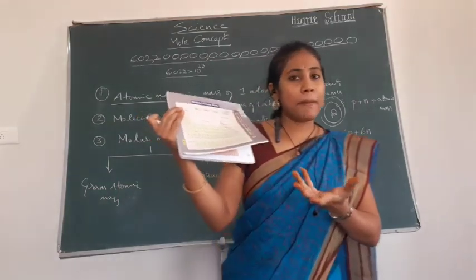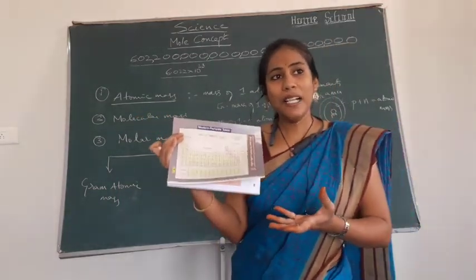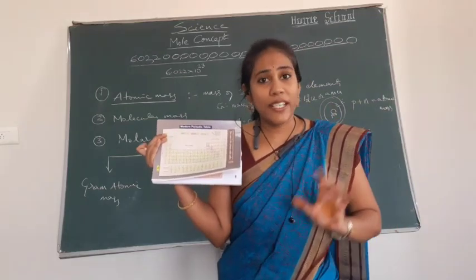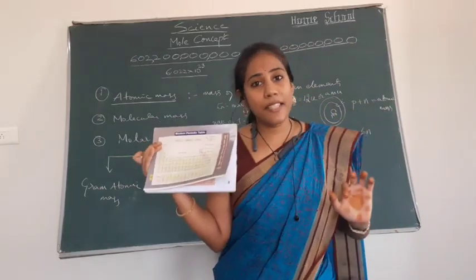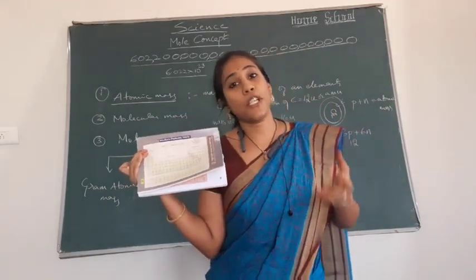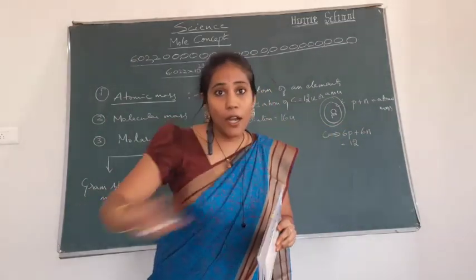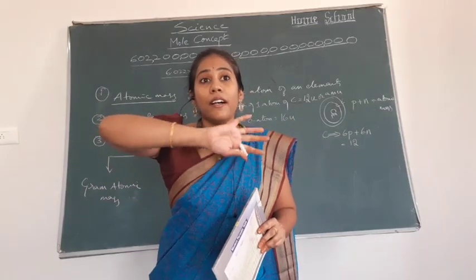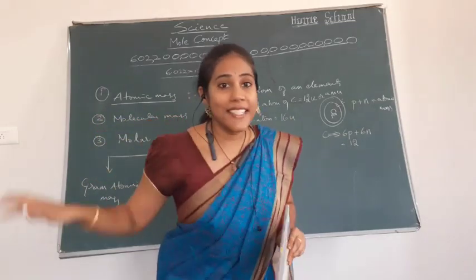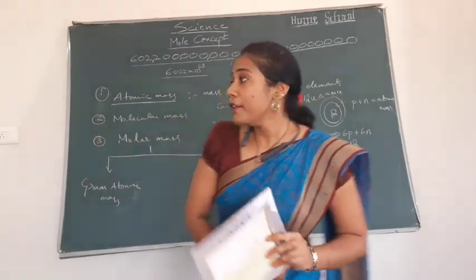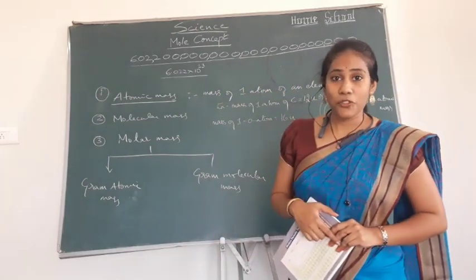Atomic masses are mentioned in our periodic table. You should remember them, this is very important, at least for some famous elements like oxygen, nitrogen, magnesium, iron, silver. These are common elements and famous questions normally involve them. So at least their atomic masses you should remember.